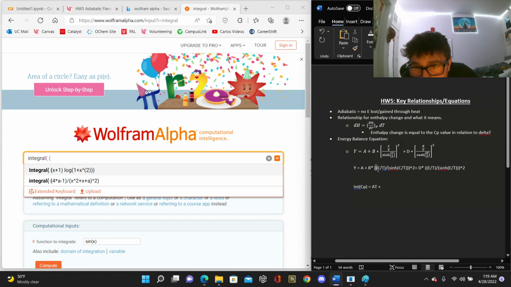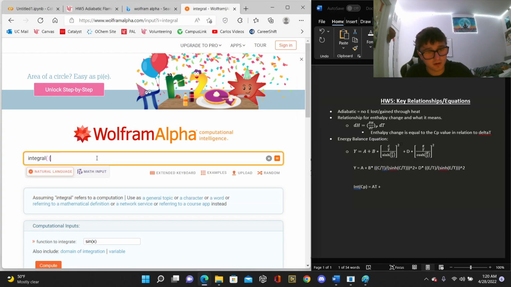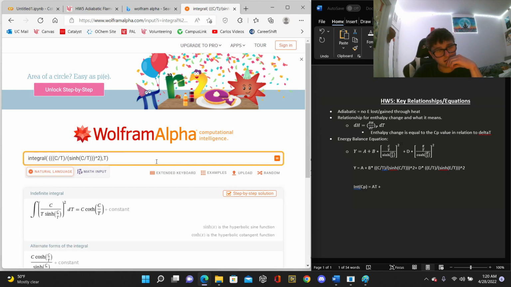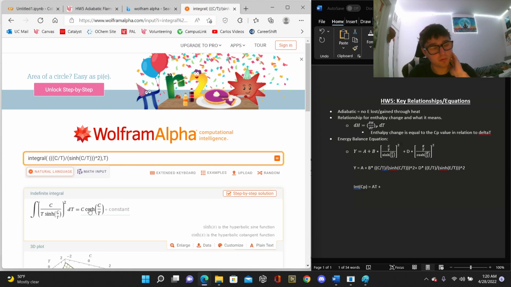This is just what's inside of the bracket, but we're going to set b to the side and just include it in our expression after. So when we do this, we get that. I think that should give us what we need. Yep, that is perfect.